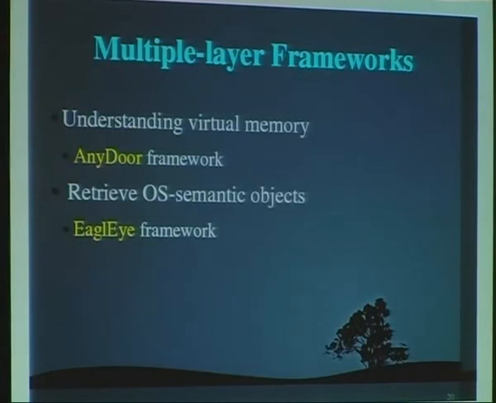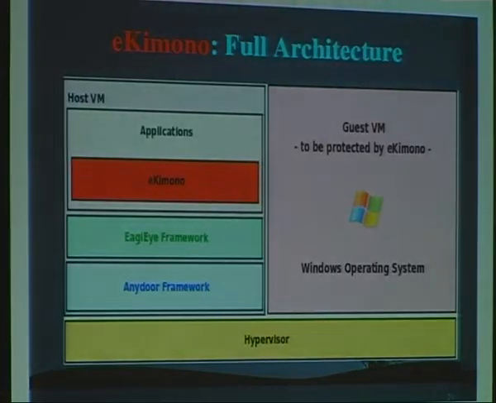We solve those problems by designing a multiple layer framework. To understand the virtual memory, we design the framework named AnyDoor. To get the OS semantic objects from the memory of the virtual machine, we come up with another framework named eKimono. And here is the full architecture.